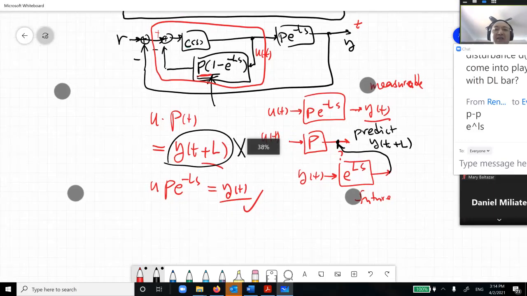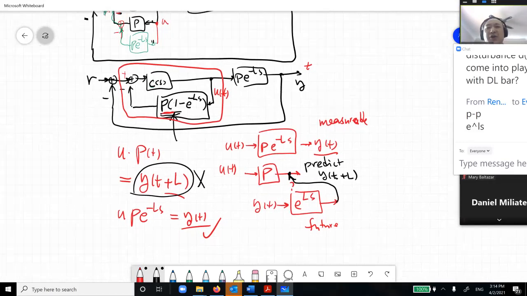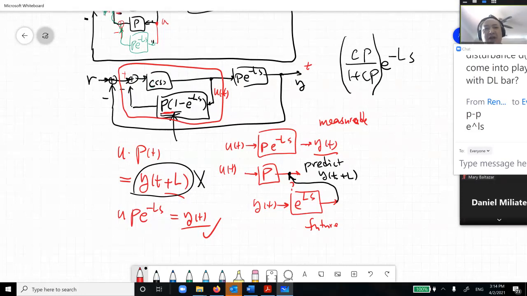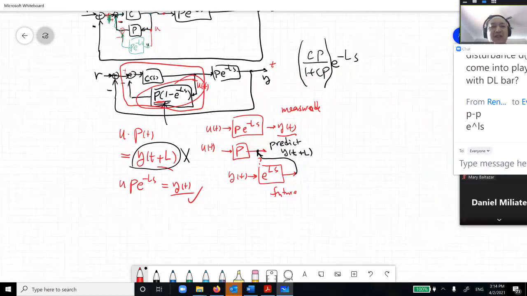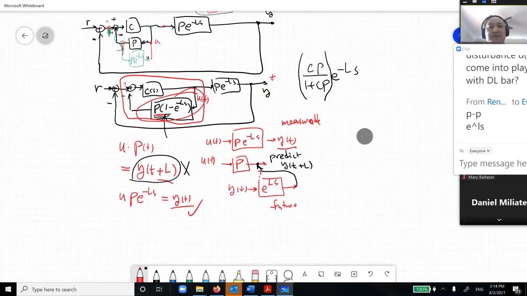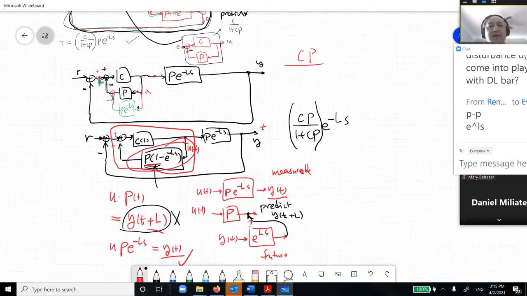By doing that, you will be able to have a closed loop transfer function that is CP over 1 plus CP, times e^{-Ls}. Compared to if you don't have this term, if you don't have this Smith predictor block, your closed loop system is CP e^{-Ls} over 1 plus CP e^{-Ls} in the denominator.